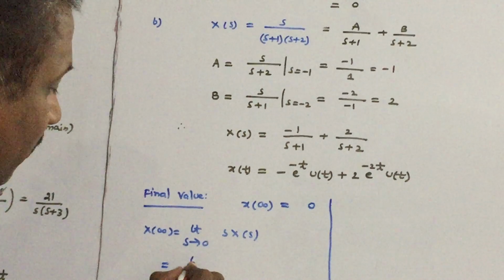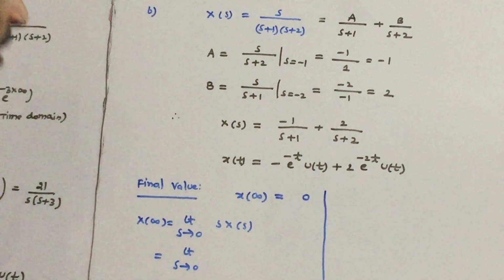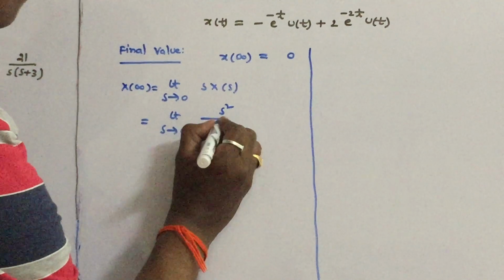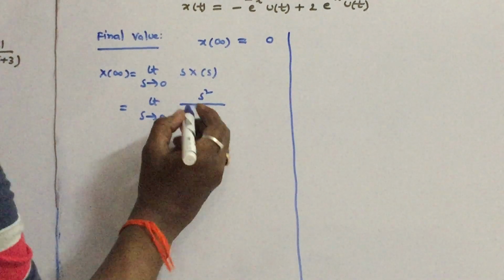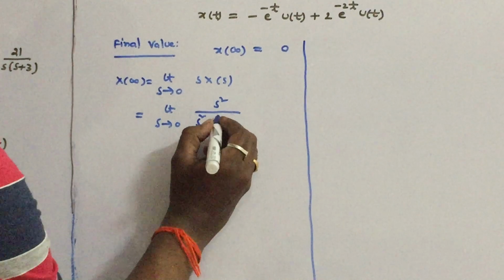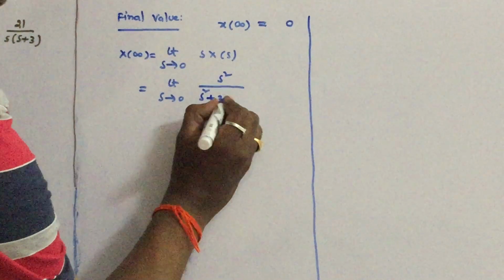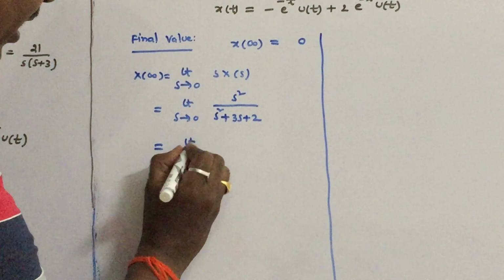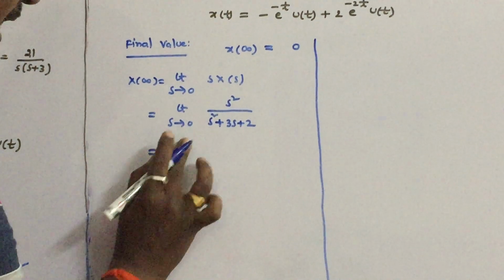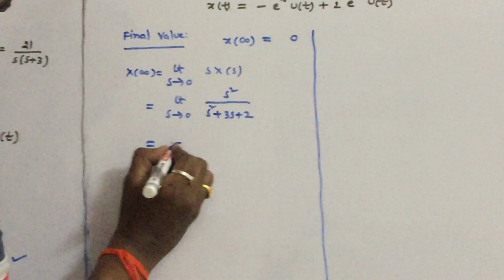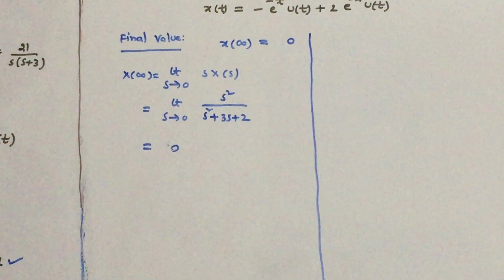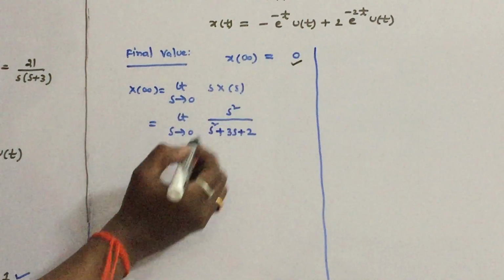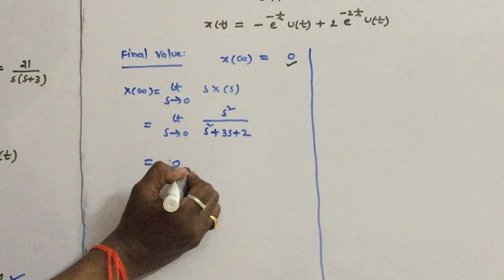If you multiply, it will become s square by (s plus 1) into (s plus 2), which is written as s square plus 3s plus 2. If you substitute s is equal to 0 directly, 0 by 2, the answer is 0. So you can verify that the final value, x of infinity, is 0 in time domain, and in Laplace transform domain also 0.